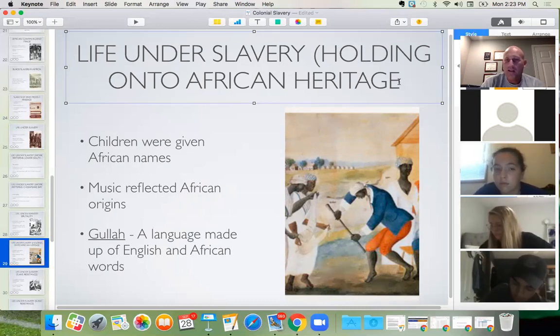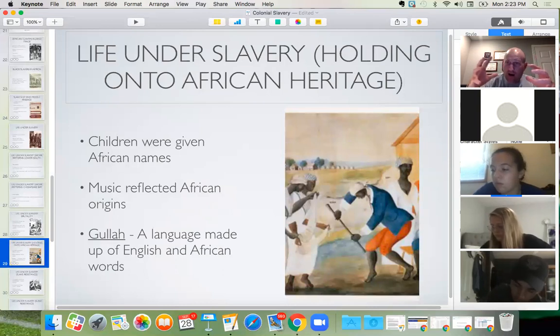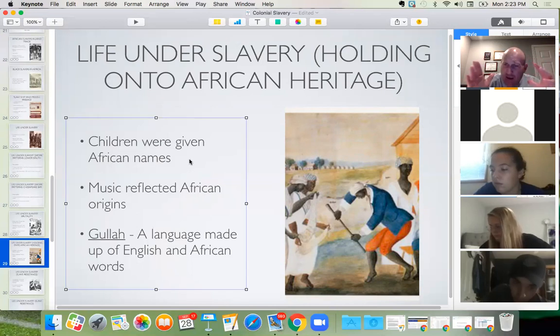And they maintain them, despite the controlled environment of slavery, and despite the efforts to split up different tribes. One of the reasons that it was difficult for Africans to rebel is they were intentionally separated from those who might speak the same language, right? So that makes rebellion more difficult.